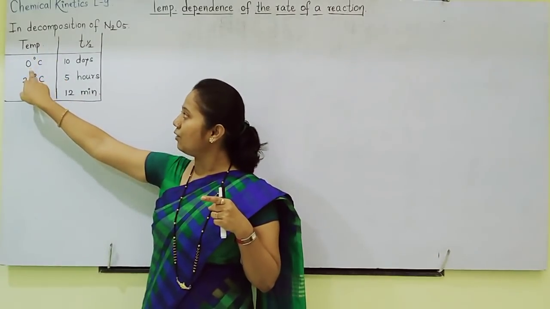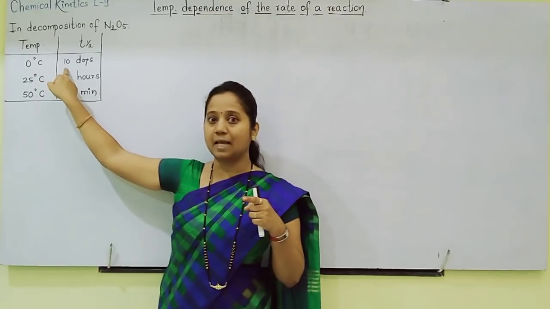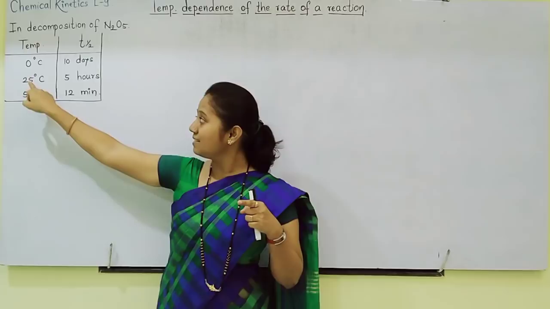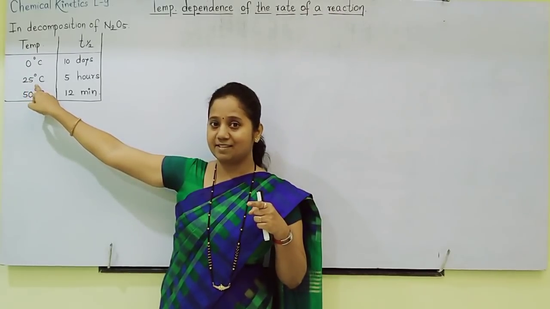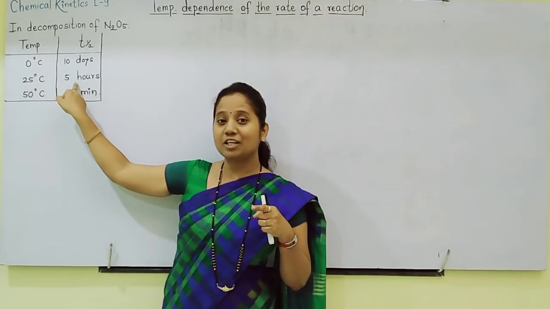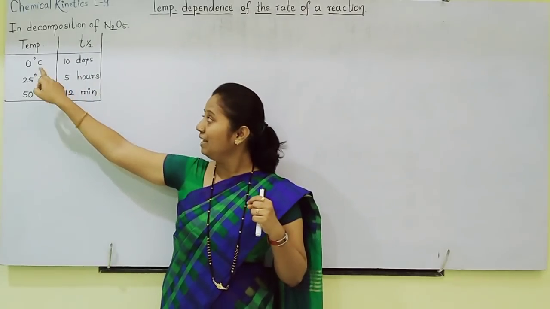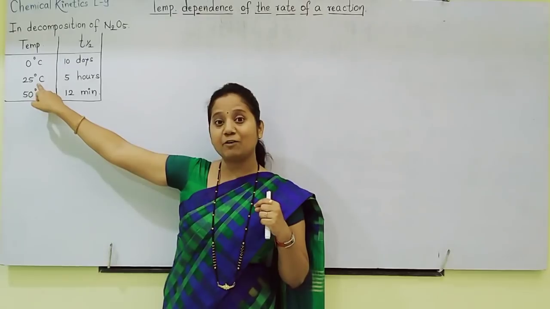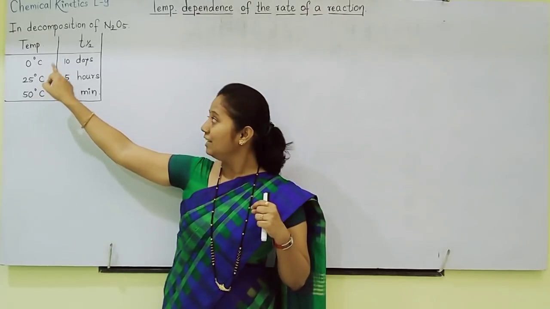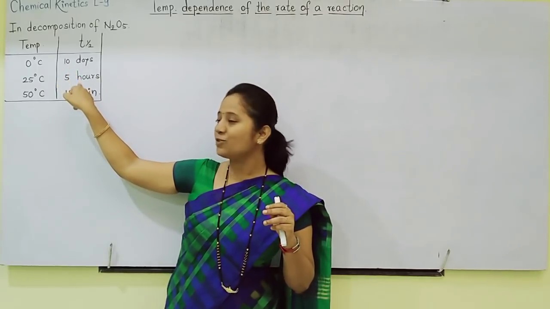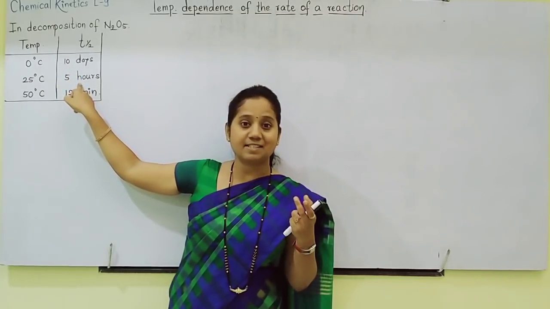If reaction is carried out at 0 degrees Celsius, time required is 10 days. We will increase the temperature to 25 degrees Celsius. Reaction completes within 5 hours. So see the difference. Temperature increased by 25 degrees Celsius. Reaction was initially taking place in days, 10 days. Now it is finishing within 1 day, within 5 hours.